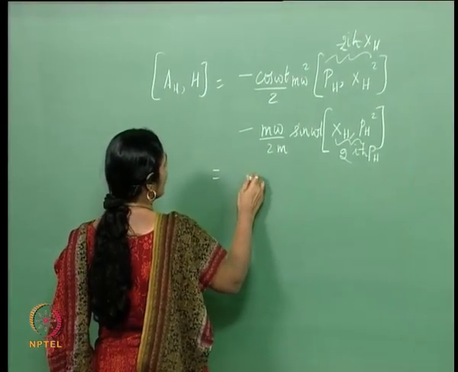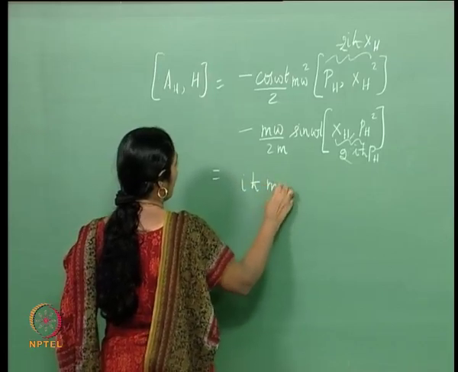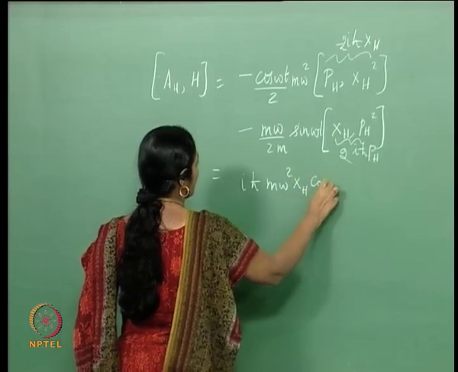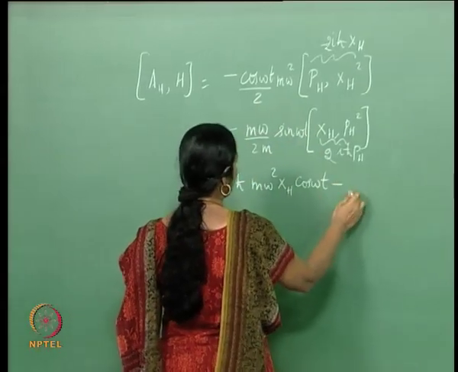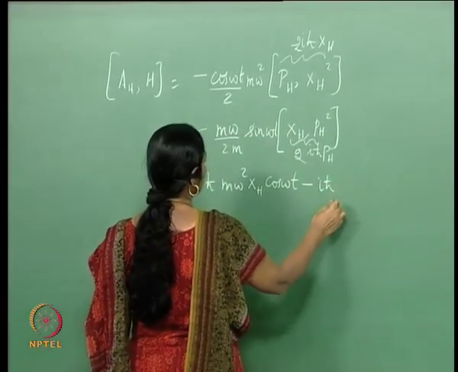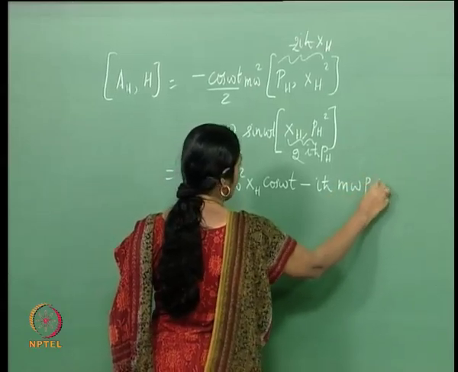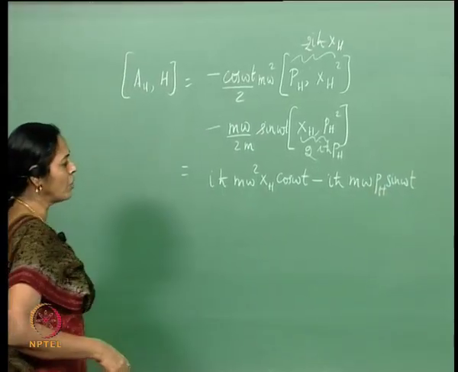So this object is simply iħ m omega squared XH cos omega t, that is the first term, and the second is minus iħ m omega PH sin omega t. So this is the commutator.